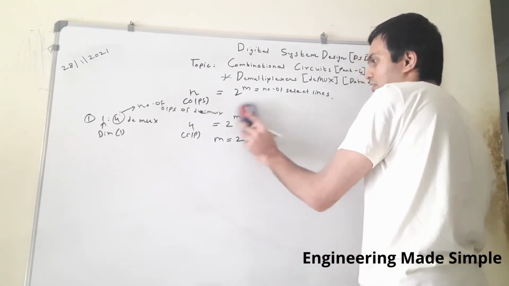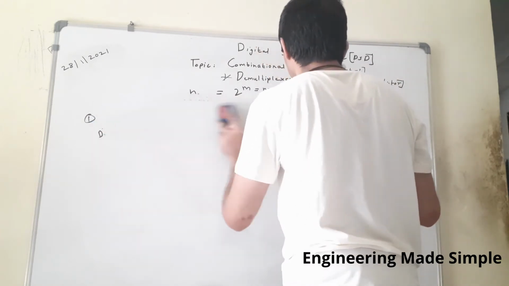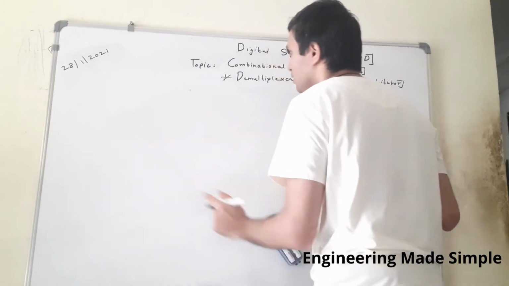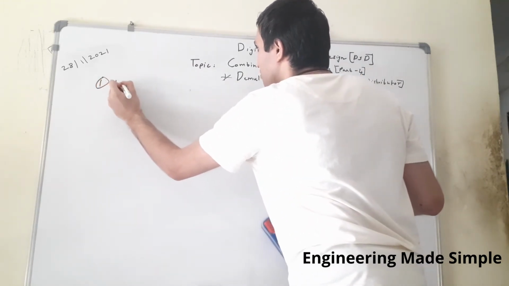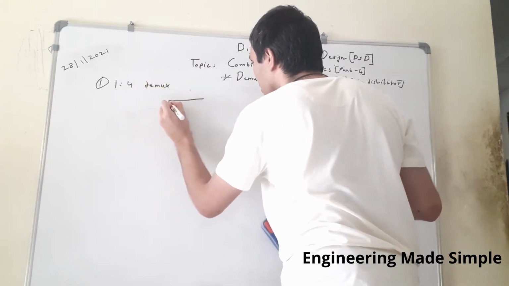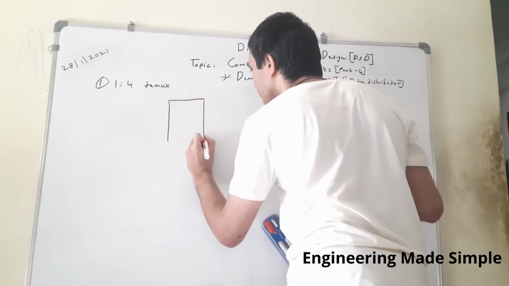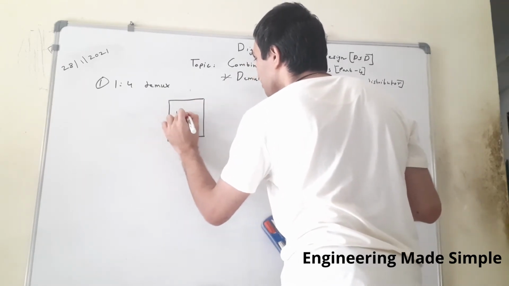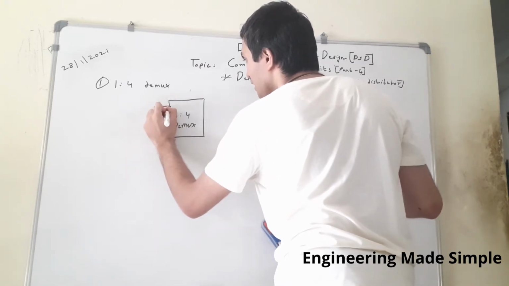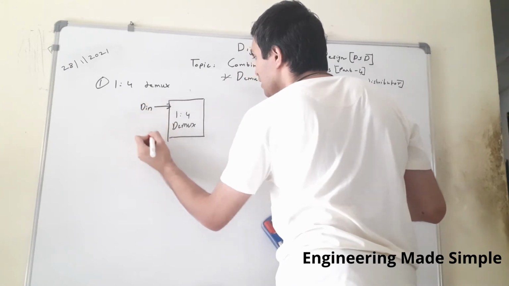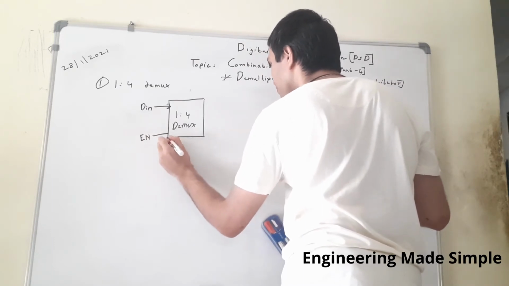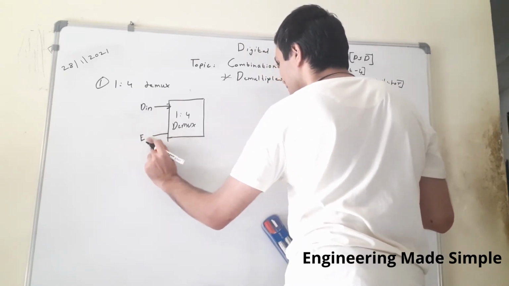Now let us start developing the block diagram of the 1:4 demux and truth table. So this is the block diagram of the 1:4 demultiplexer, which has a data input Din, one enable input, which is an active high type of enable, or you can write it simply as E for simplicity.